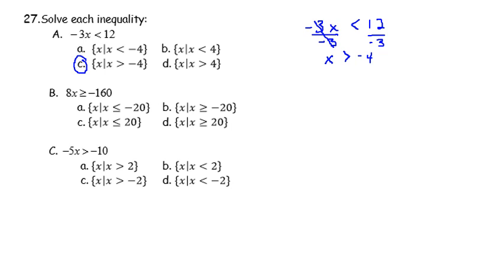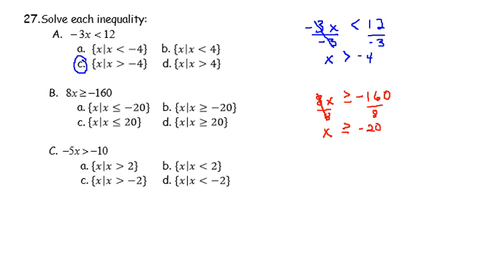Looking at B, right here we've got 8x is greater than or equal to negative 160. Divide both of those sides by 8. This one is we're dividing by a positive number, so that inequality is going to stay as greater than or equal to. And then negative 160 divided by 8 is negative 20.